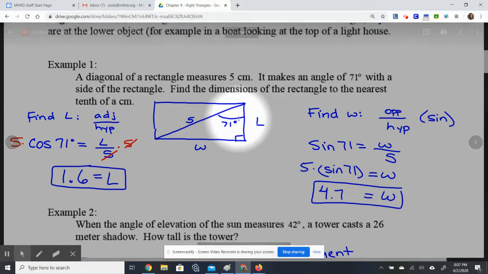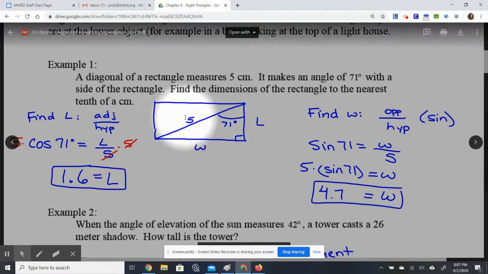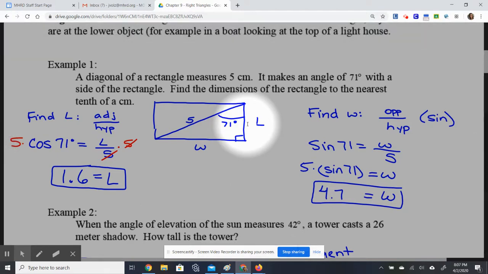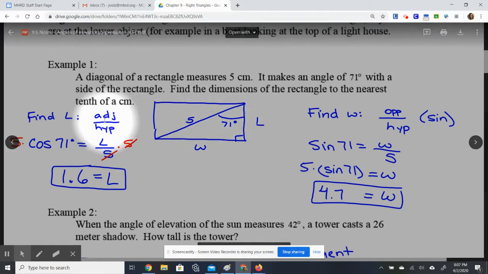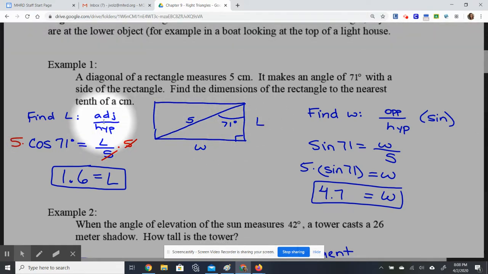In relationship to the acute angle that I know, 71 degrees, I know the hypotenuse, and I'm looking for the adjacent side. So what trigonometry function brings together adjacent and hypotenuse? That would be cosine, C-A-H.